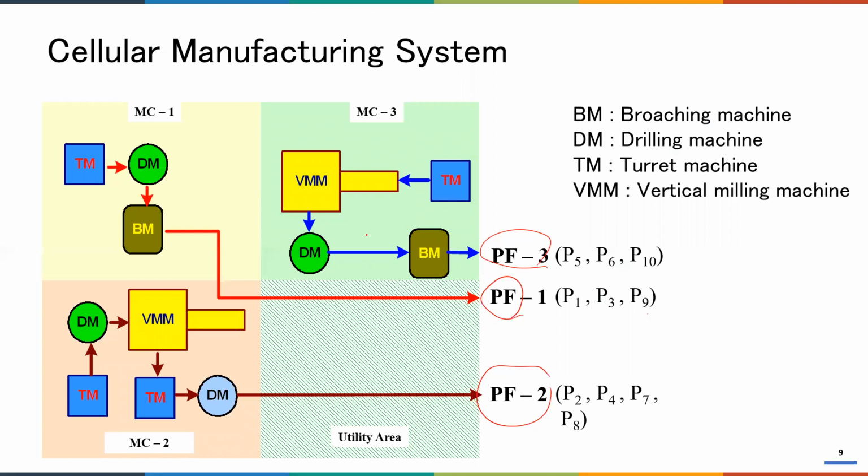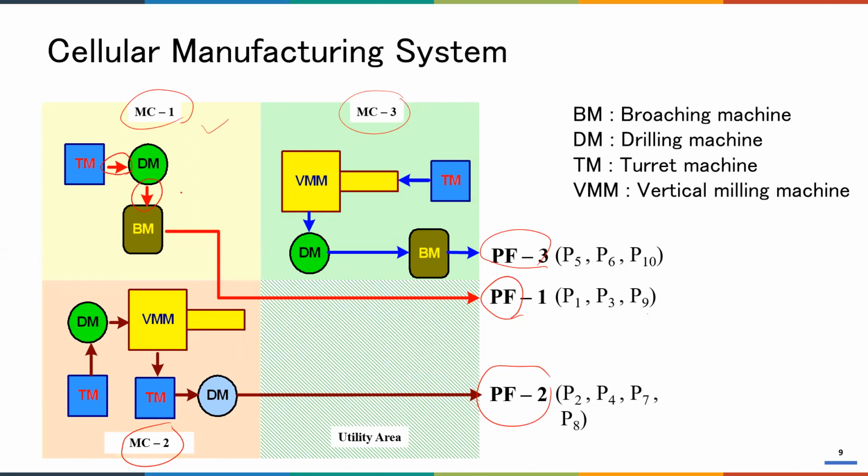According to those, each part family will have a dedicated machine cell. So we have machine cell 1, machine cell 2, and machine cell 3.